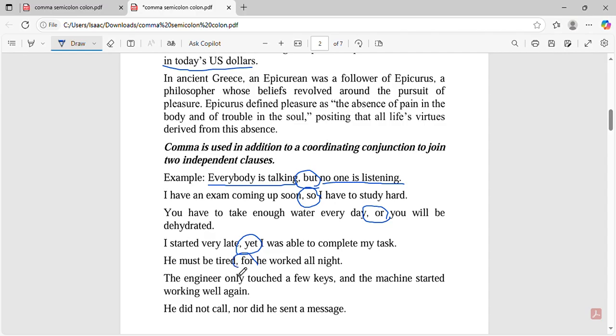So you can use for. And is also a coordinating conjunction. And you have nor. This is also a coordinating conjunction. So all of these examples are two independent clauses put together with a coordinating conjunction and a comma. So this is one way you can use a comma in writing.